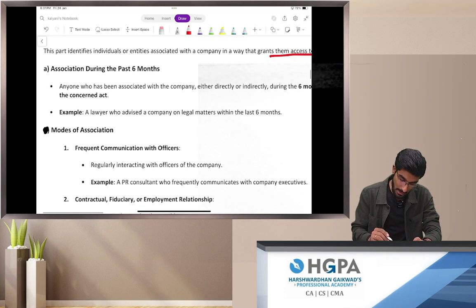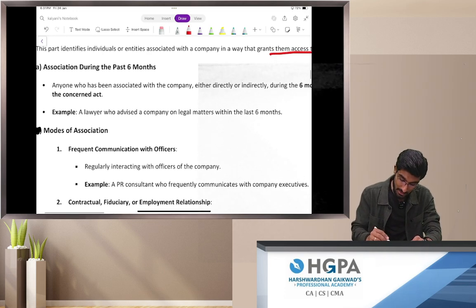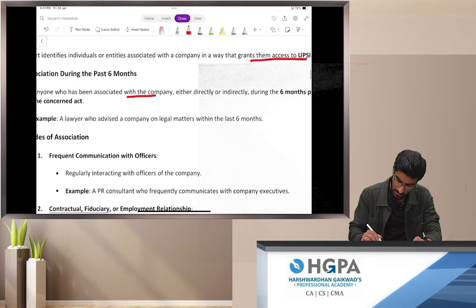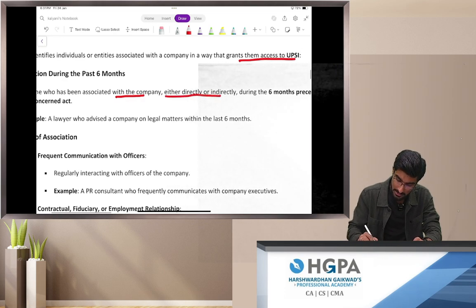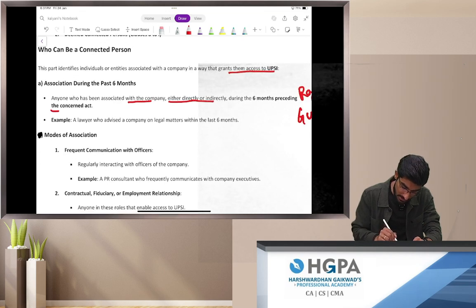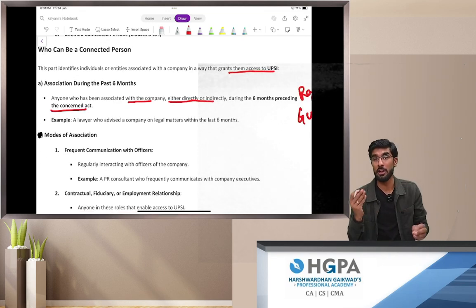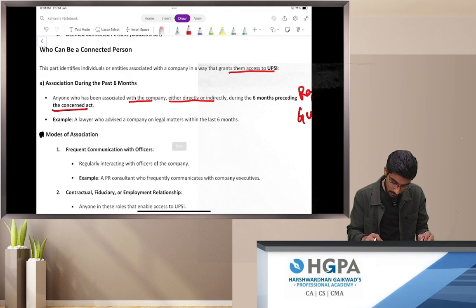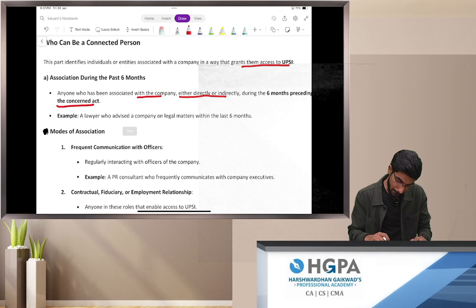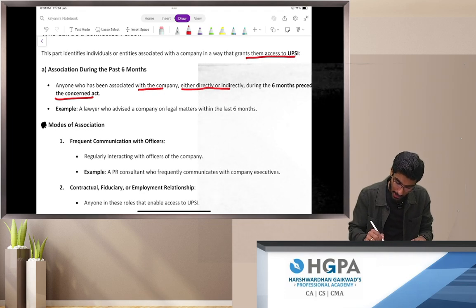Even after 6 months, he will still be called a connected person. What he's saying is, anyone who has been associated with the company either directly or indirectly during the 6 months preceding the concerned act. Concerned act means sharing of UPSI. A lawyer who advised a company on legal matters within the last 6 months will be called a connected person.